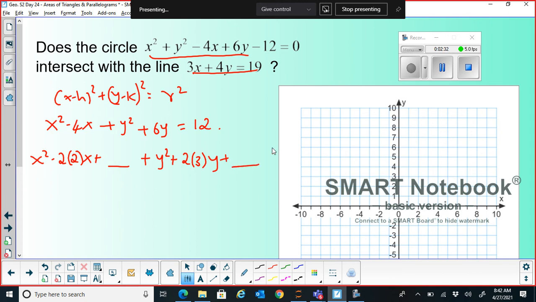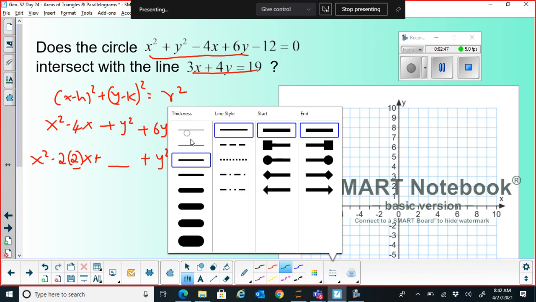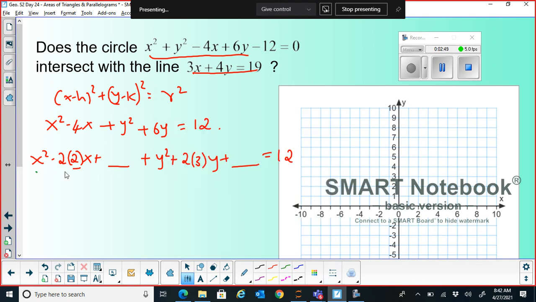I'm leaving one more blank and keeping the constant 12 on the right hand side. If I have to complete this square, I am missing a term, 2 square, for the first two terms. So I need to add 2 square. In the same way, to complete the square here, I am missing 3 square. I need to add 3 square.